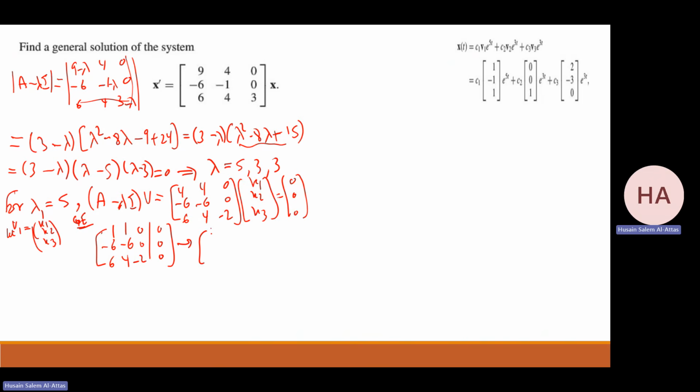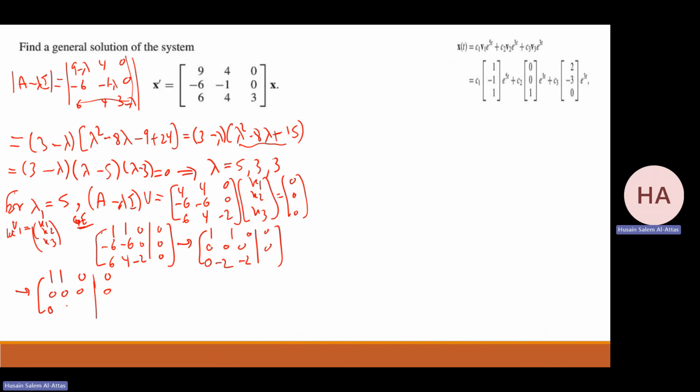Now do the elementary row operations. Multiply by 6 and add, 0, 0, 0, 0. Multiply by minus 6 and add, that will be 0, that will be minus 2. So I have 1, 1, 0, 0, 0, 0, 0, 0.